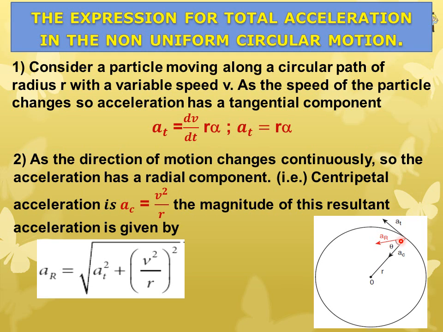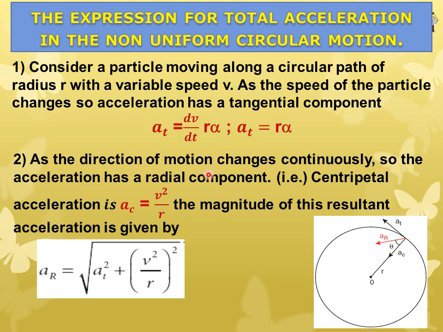As the speed of the particle changes, the acceleration has a tangential component. So we put at is equal to dv by dt, which is r alpha, or at is equal to r into alpha.